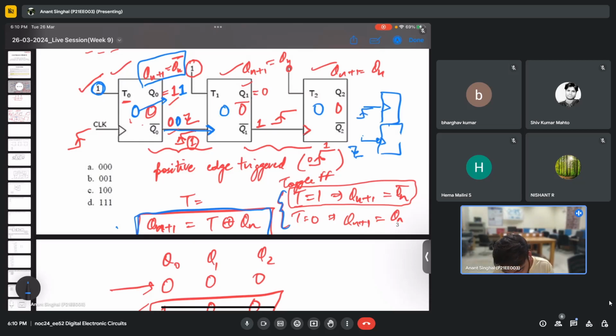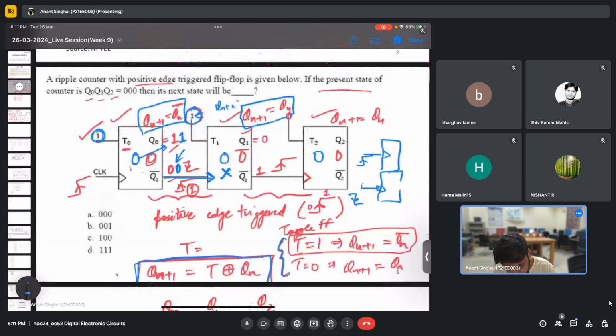You can clearly see now q naught complement has become 0 here. Once it becomes 0, this flip-flop will not function. That means whatever the previous state was, it will still store the same, because although t is 1, qn plus 1 will not be qn complement. It will remain the same because the clock has not worked.